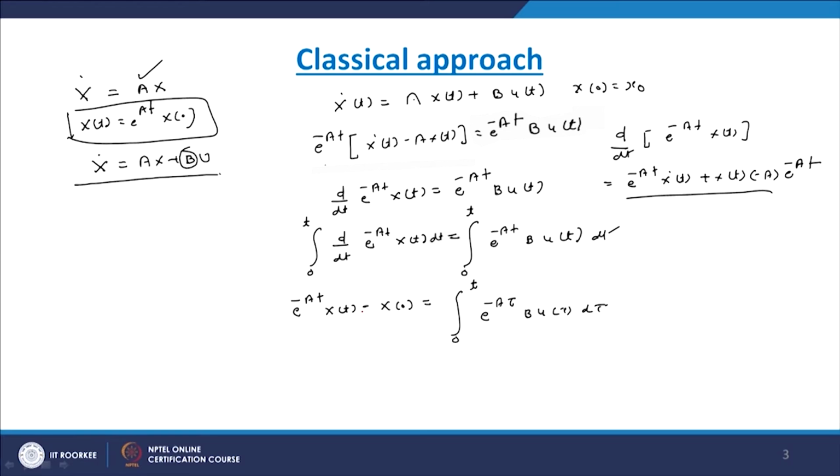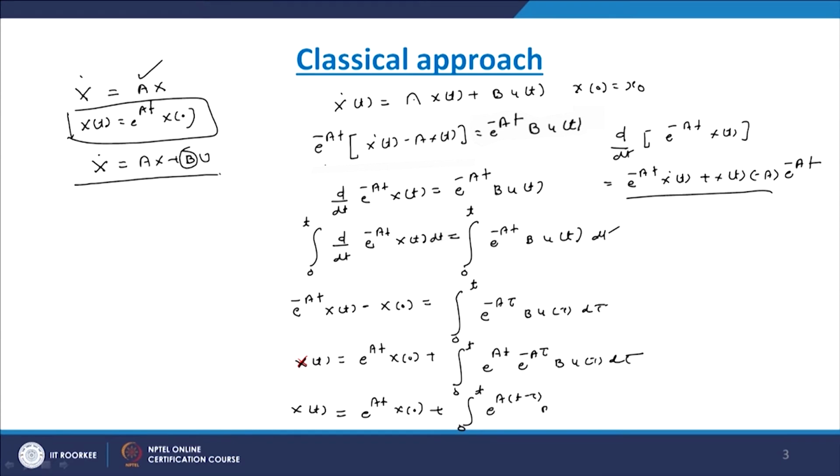So, what happens, this whole term will be nullified and therefore, we can write down the equation as x of t equal to e raised to a t x naught plus integral 0 to t e raised to a (t minus tau) b u of tau d tau.